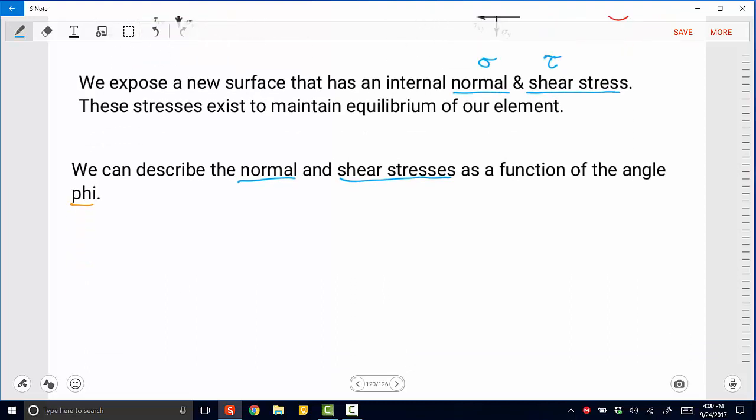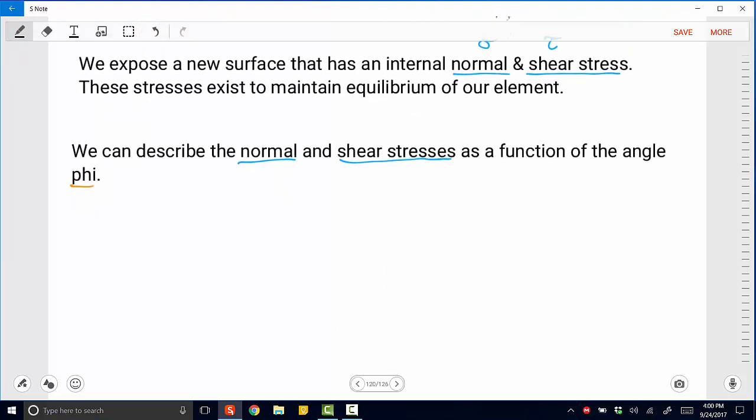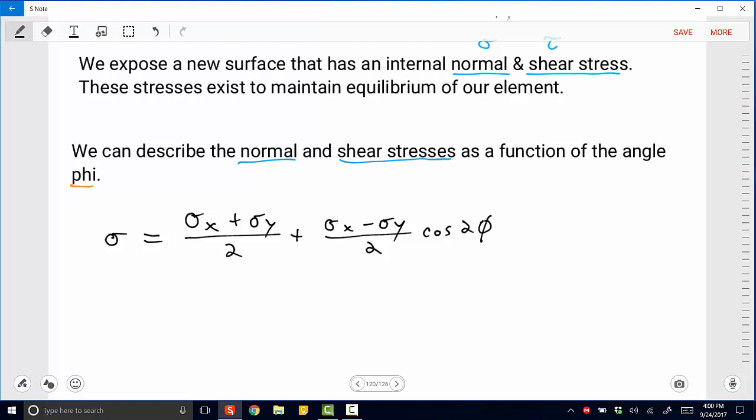And let's do that. So our normal stress on that surface is going to be equal to sigma x plus sigma y divided by 2 plus sigma x minus sigma y divided by 2 cosine of 2 phi, where that 2 and phi is inside of the cosine brackets, plus tau xy sine of 2 phi.